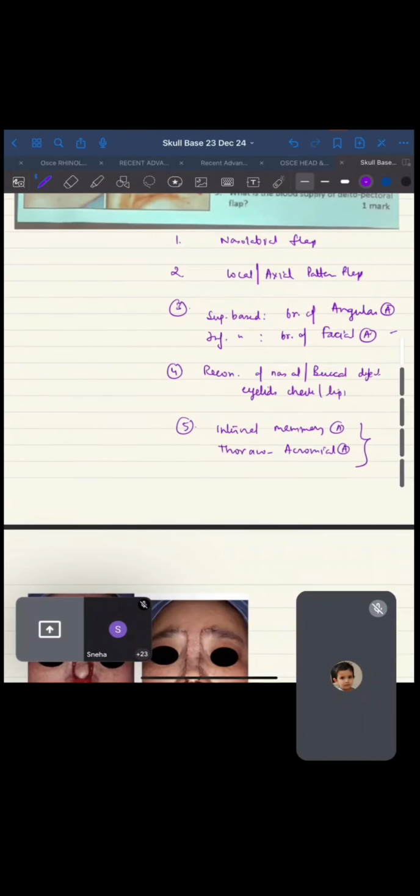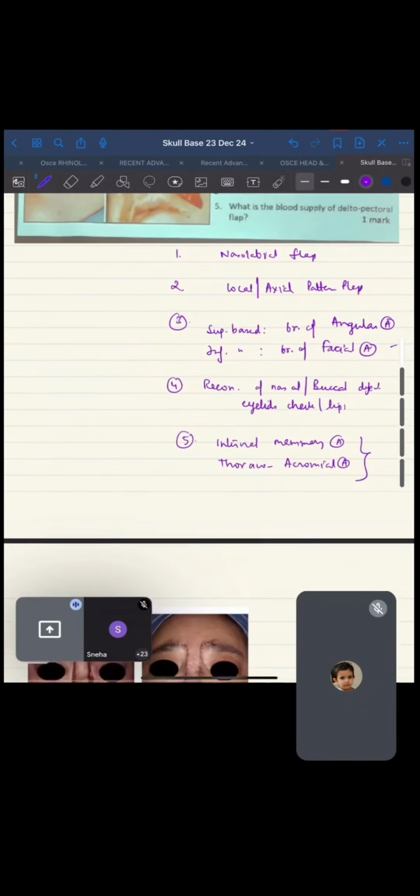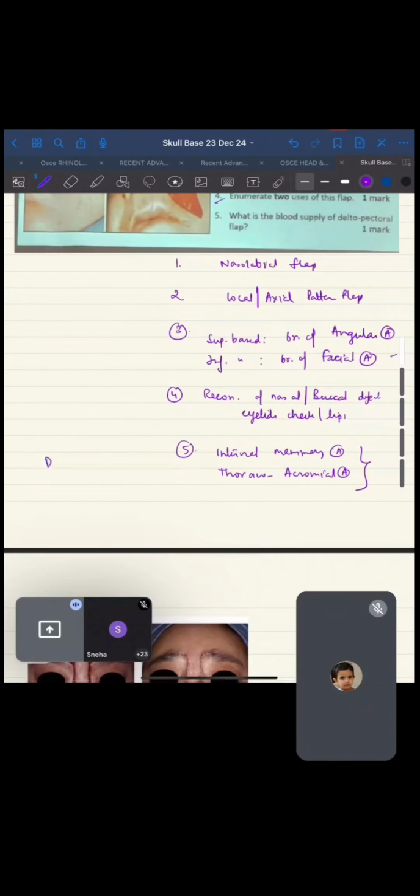But these two you must write. Now another bonus question: what is the other name of the DP flap? Bica-mesan flap. Yes, this is the Bica-mesan flap. Check the spelling once. This should be the answer, but this is based on my distant memory, which is almost 5 years old now. So please see this answer, Bica-mesan flap.